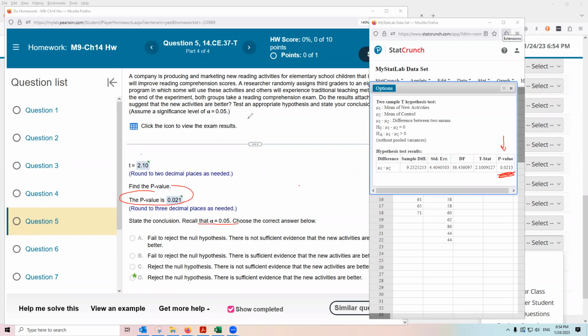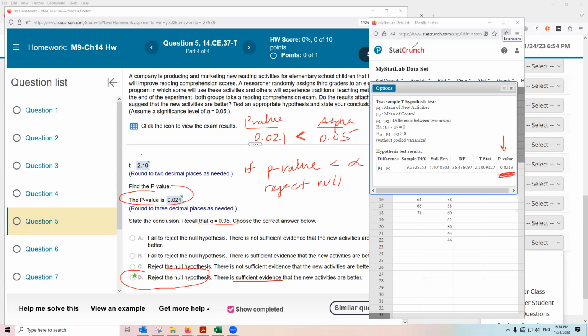So our p-value is 0.021, and our p-value is a number less than alpha. Well, if you remember, if the p-value is less than alpha, then your decision is reject the null hypothesis. So I'm going to say reject the null hypothesis. There is enough evidence that the new activities are better.